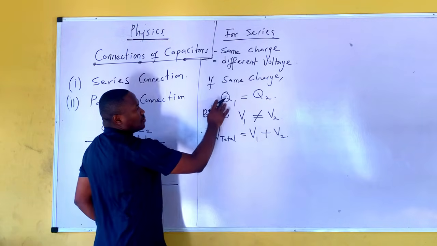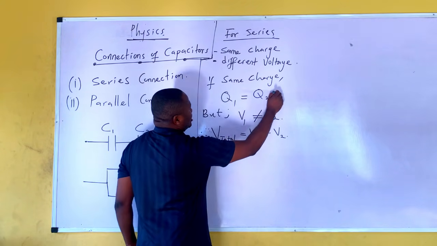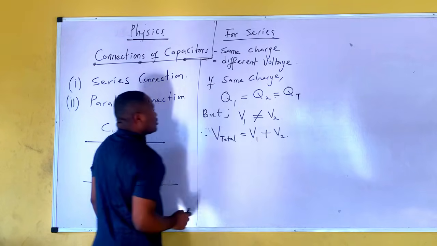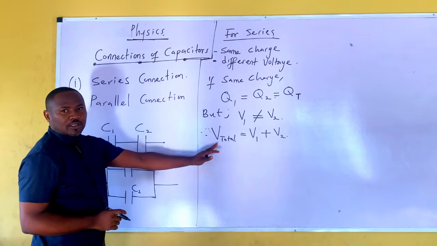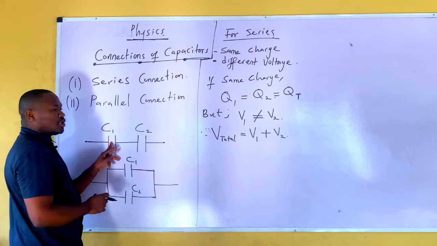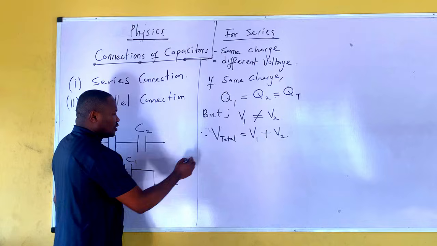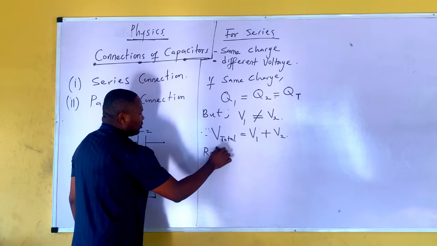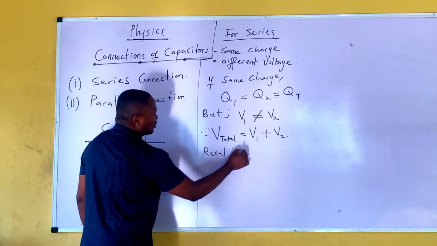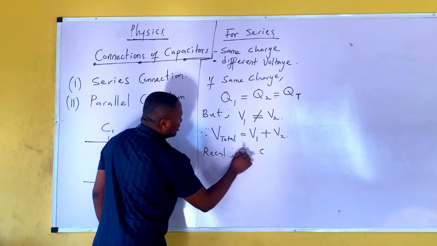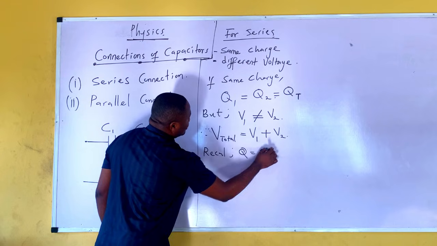So I can still come here to tell you that this is equal total charge. But for the voltage, the total voltage is equal to voltage in one plus voltage in two. So therefore, recall that Q equals CV.